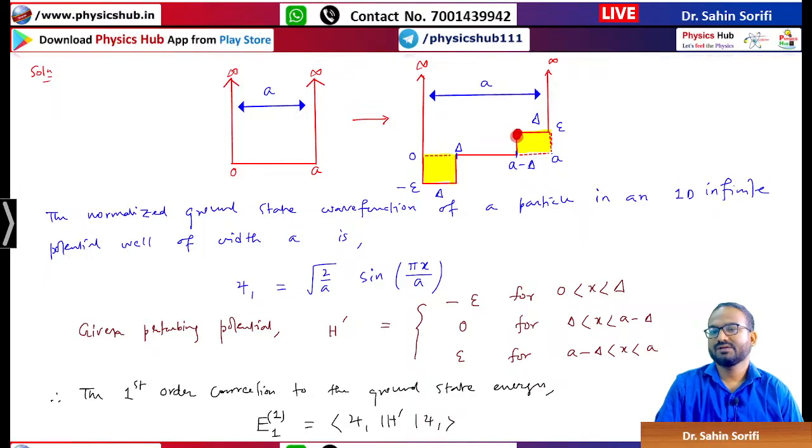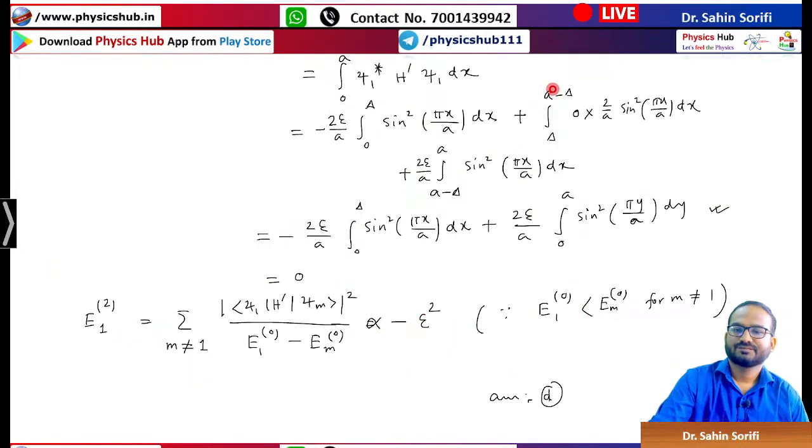If you integrate between 0 to delta, it is the same na. If you integrate, you should get the area of this portion, right? If the integration limit is minus A minus delta to plus A, then you should get the area. Now you have just switched the limit from 0 to delta, so it is the same na. That is why we have just changed the variable.